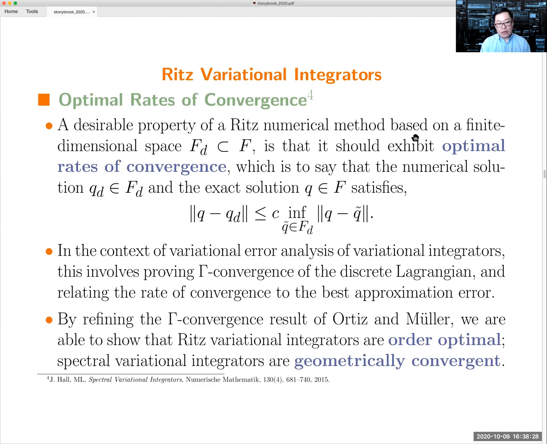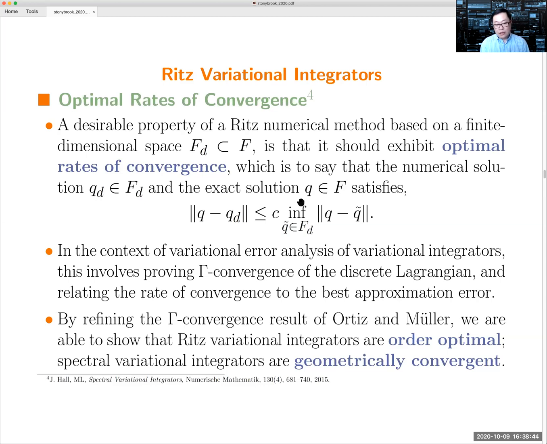And then the other thing is that, as I alluded to, if you choose good function spaces which exhibit certain best approximation rates, then the numerical method you get from it will also respect that best approximation rate.